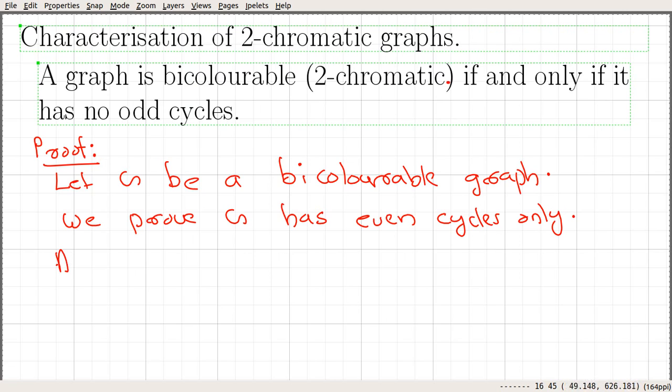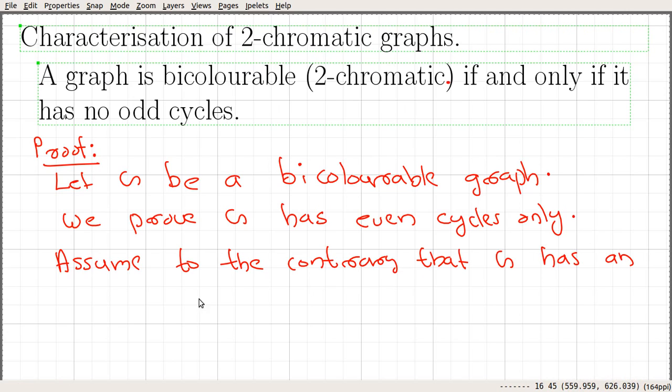So assume to the contrary that this graph G has an odd cycle. That says it has a cycle Cn where n is odd.